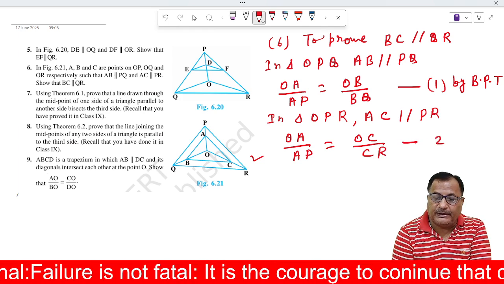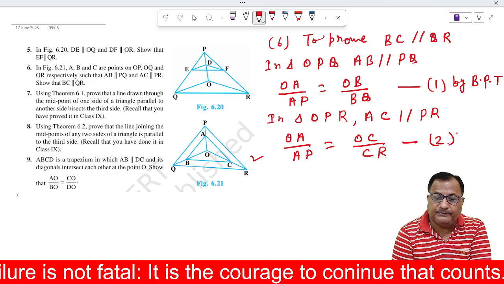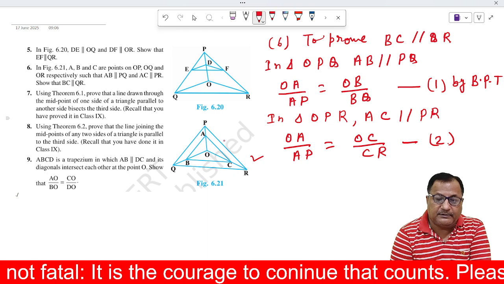This is also by the basic proportionality theorem, but this is parallel to this.